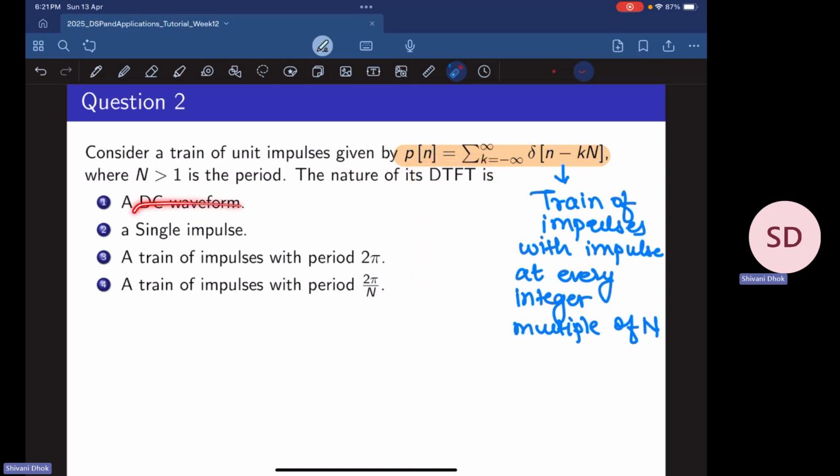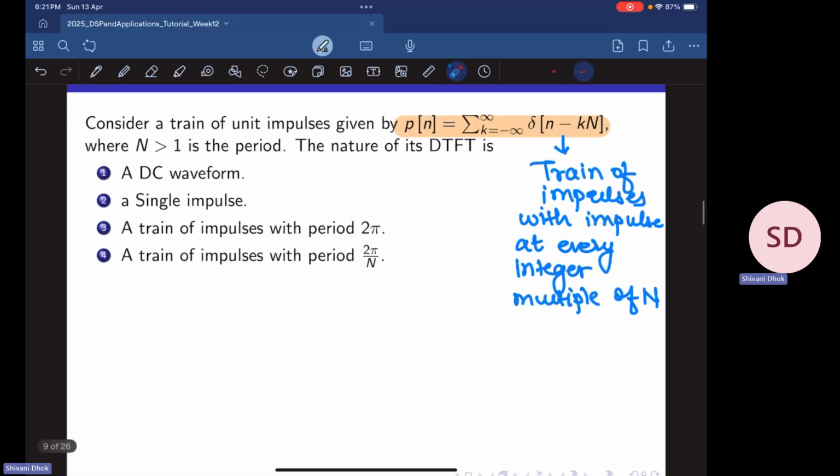So the four options are a DC waveform, a single impulse, a train of impulses with period 2 pi, and a train of impulses with period 2 pi by N. Okay. So now this is basically a periodic signal, and we can't find the DTFT directly.